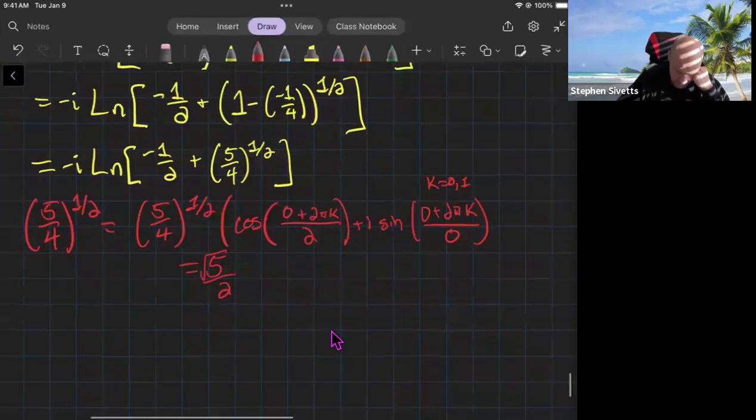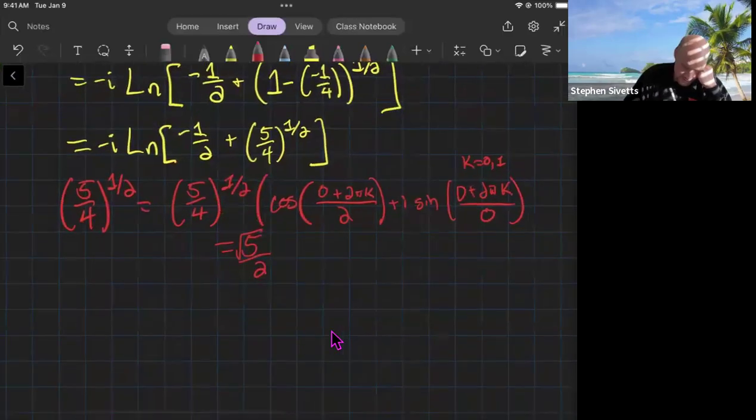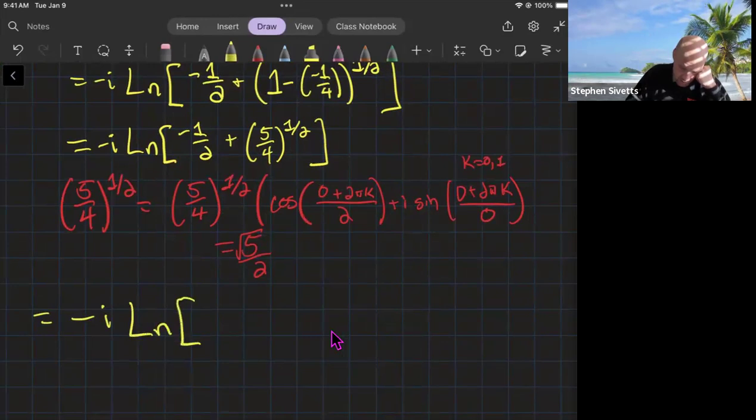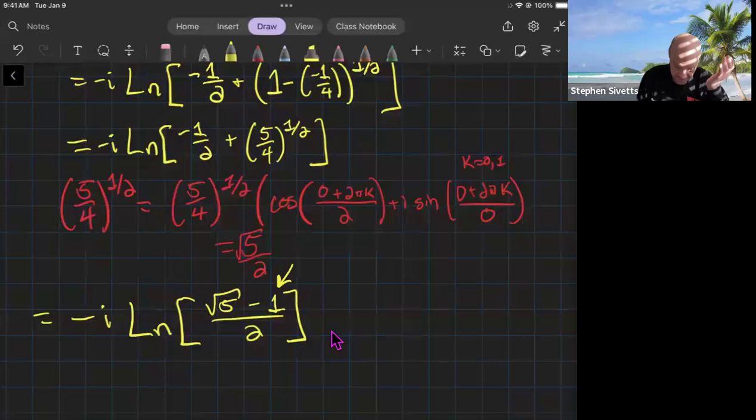So pretty straightforward. Therefore we'll have minus i times capital natural log of (root 5 minus 1) over 2. This is a real number, so its angle is 0.